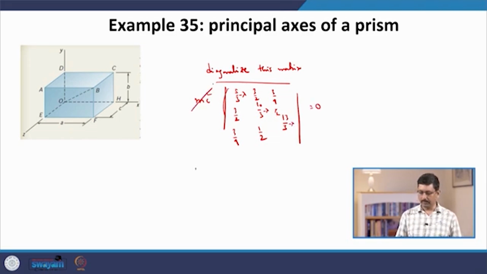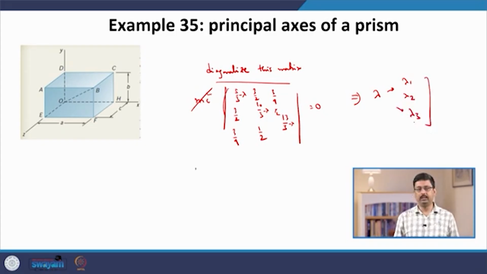This gives us the eigenvalue equation for lambda, and there will be 3 possible eigenvalues, because in 3 dimensions we have 3 possible axes of rotation, corresponding to 3 possible moments of inertia about those axes. Once we get the eigenvalues, step 2 is to get the eigenvectors.